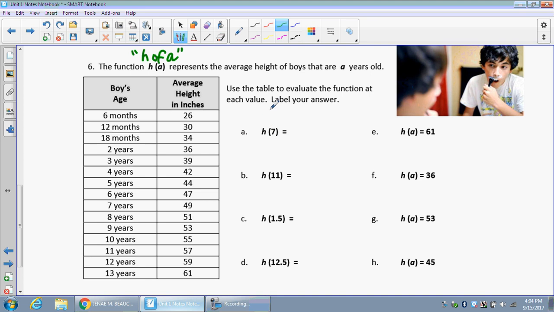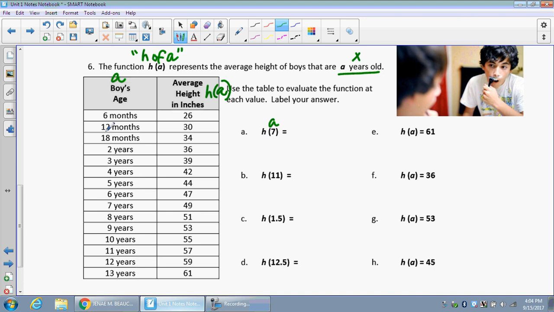Let's take a look. So h of 7. So this is giving me a value for x. So I go to the input table. So it says a years old, that's x. So this is a value for a. So a is the boy's age, and then it says h of a is their height. So I'll label it correctly.